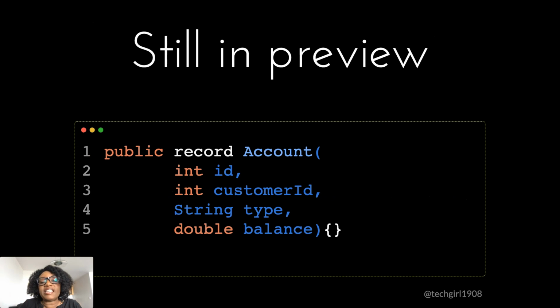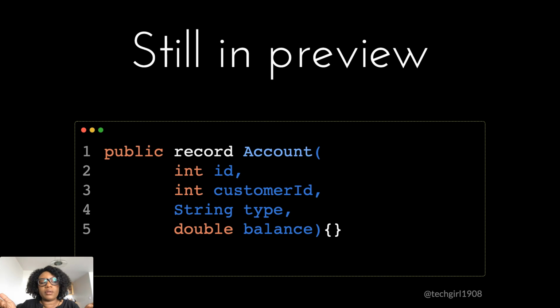Now, records were released as a preview feature in Java 14, which was released in March of this year. And what that means is it's not yet a permanent feature of the language. It's just available for us developers to play around with and offer feedback. And then based on that feedback, the implementation can change.